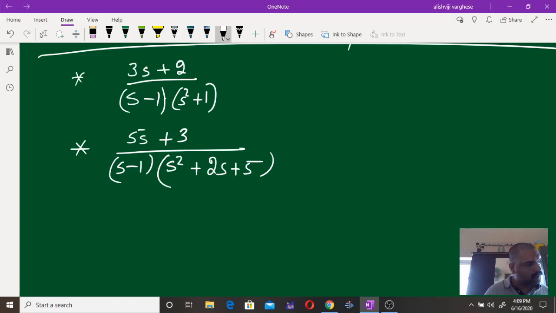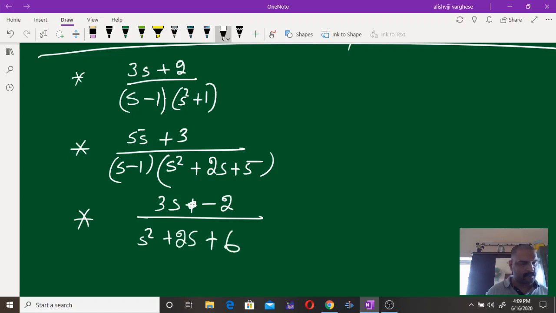And find the inverse Laplace transform of (3s minus 2) divided by (s square plus 2s plus 6). So just try to find the inverse Laplace transforms of these three functions.